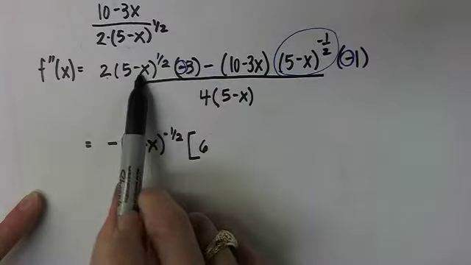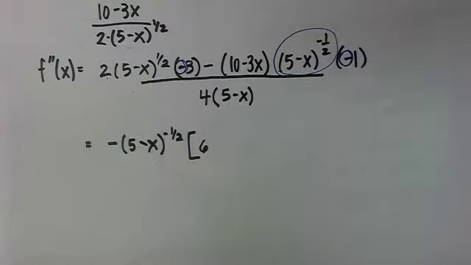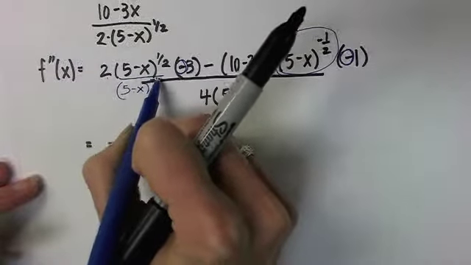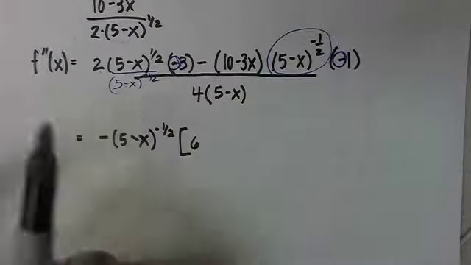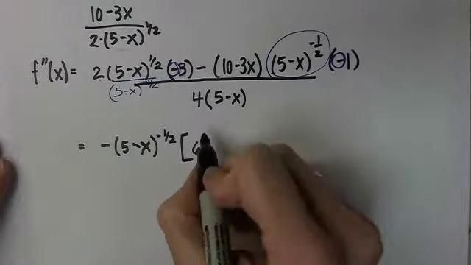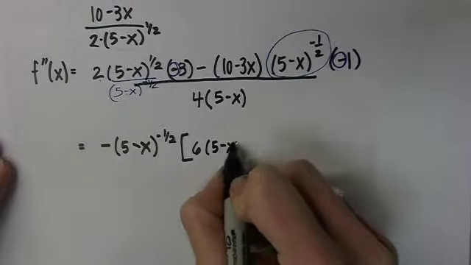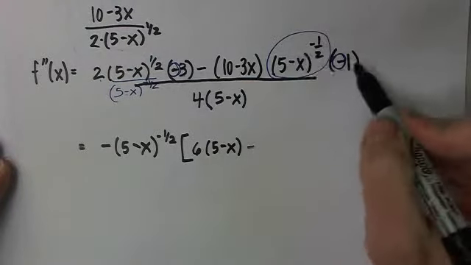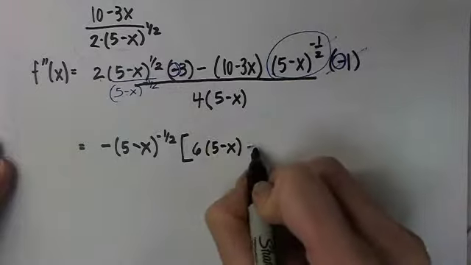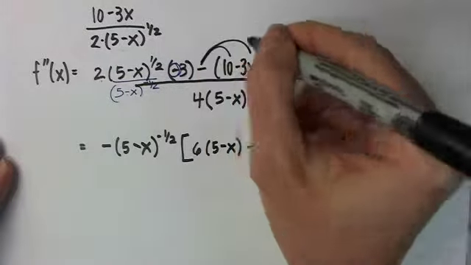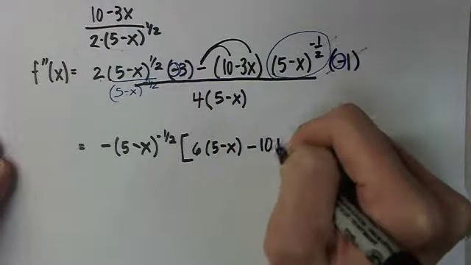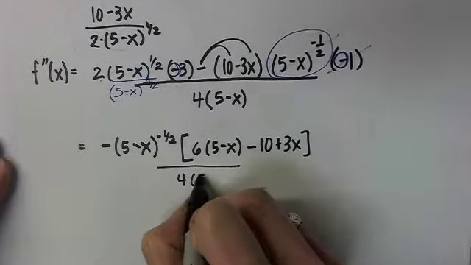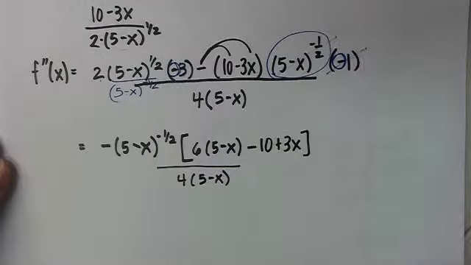And again, when you divide (5 minus x) to the 1/2 by (5 minus x) to the -1/2, that's like multiplying square roots times each other, so you're just going to end up with 5 minus x. And then minus, we factored out the -1, so let's distribute the minus sign, is a -10 plus a 3x, over 4 times (5 minus x).